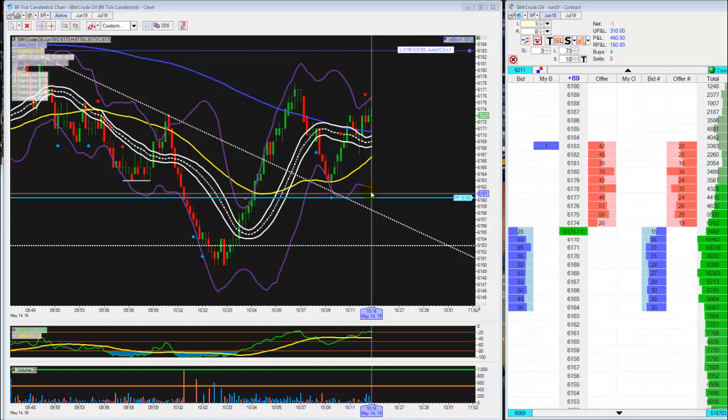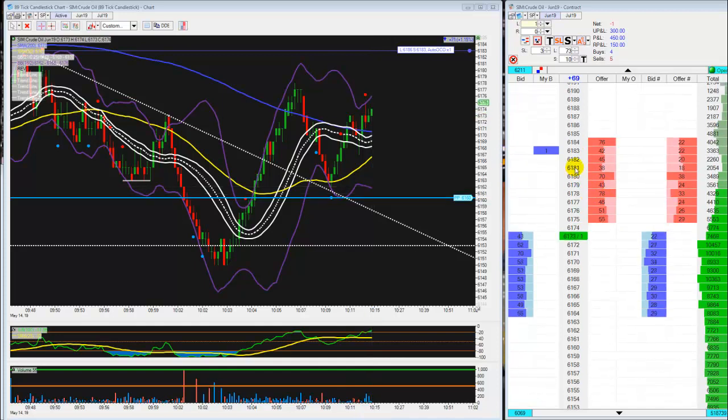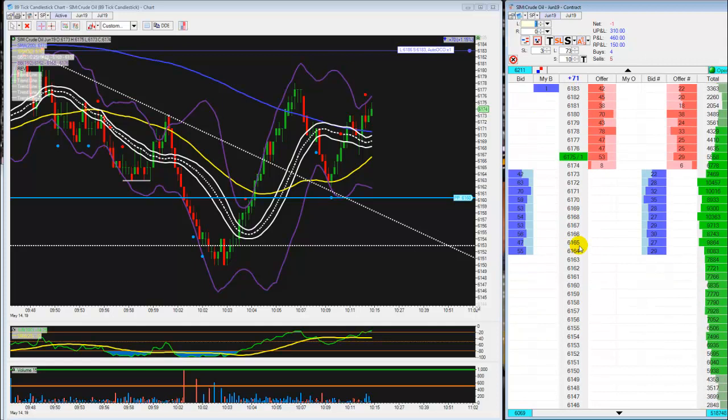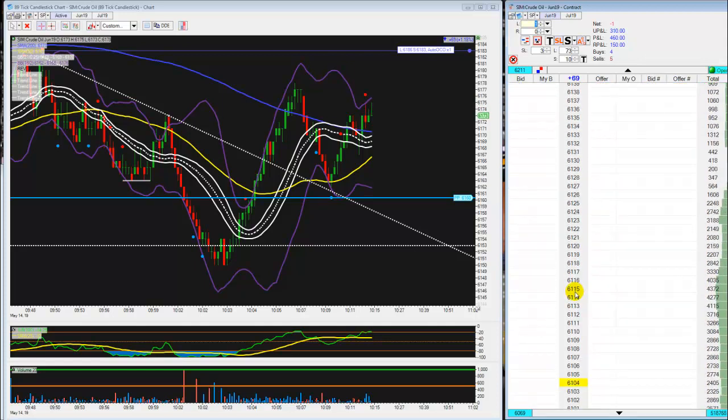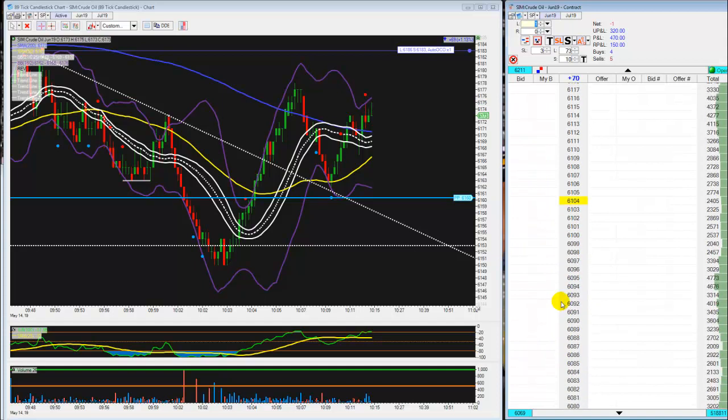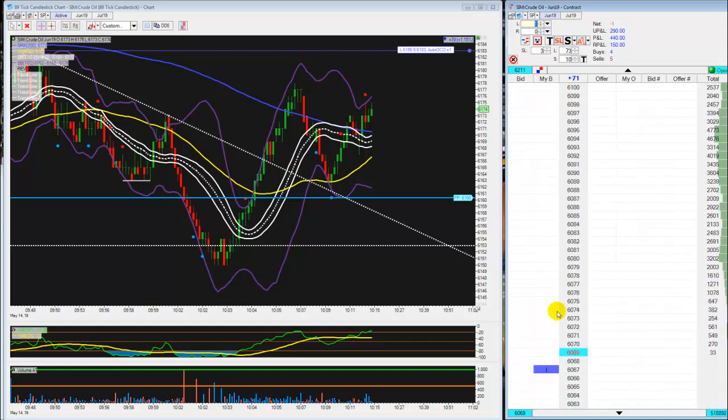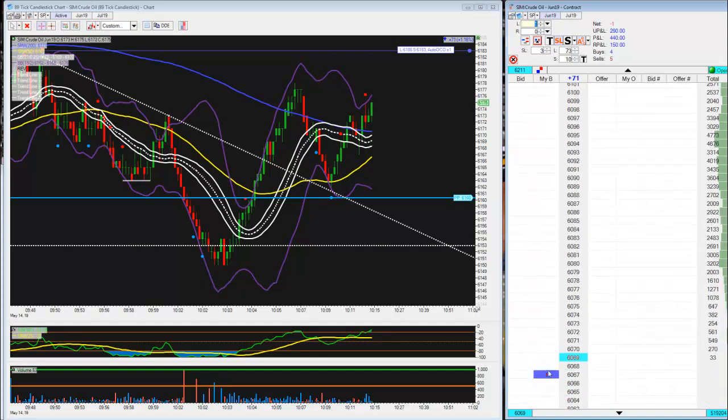With this uptick, what I'll be looking for if we survive this is 60.90 now. Let's call it 60.91.